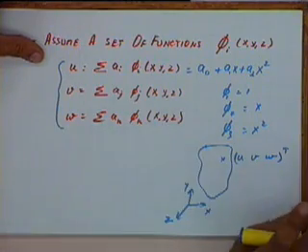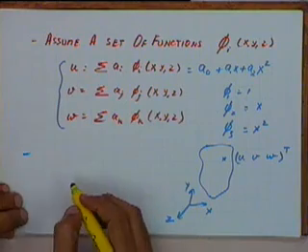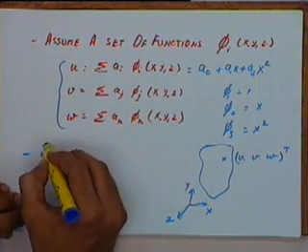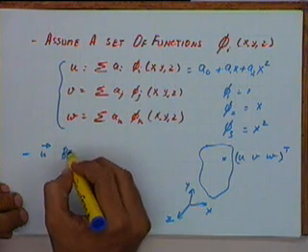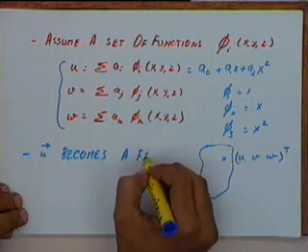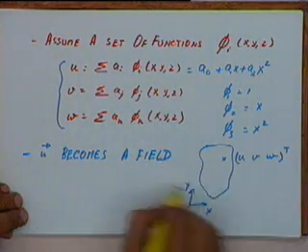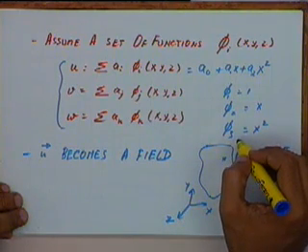As I said, this assumption may or may not be correct, we do not know at the moment. The first step in the Rayleigh-Ritz method is to start with a set of assumptions like this. And as a result of this, this u vector becomes a field, meaning it is a function of x, y and z.